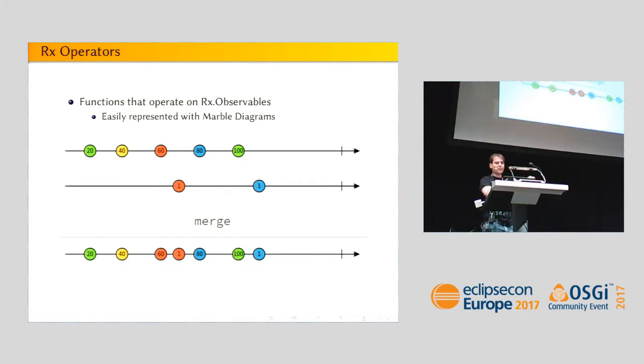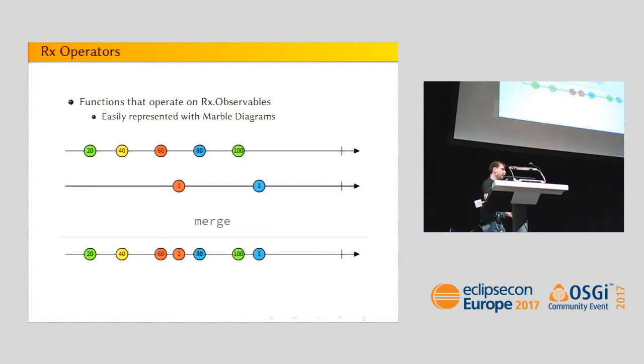So here you have two streams, and they also gave us operators, which are functions that take observables and can work with them. You can define your own observables if you like, or they provide a lot. And the merge operator will simply merge those two together.